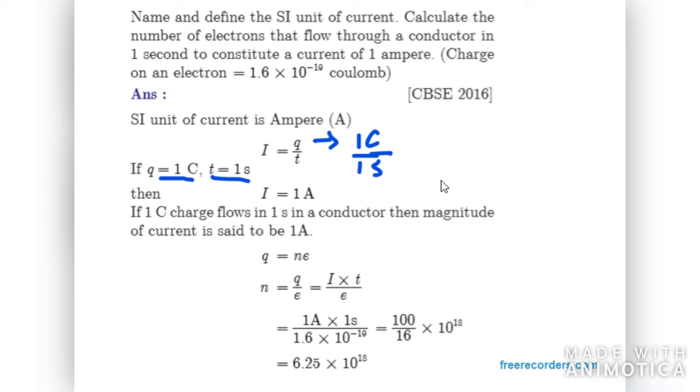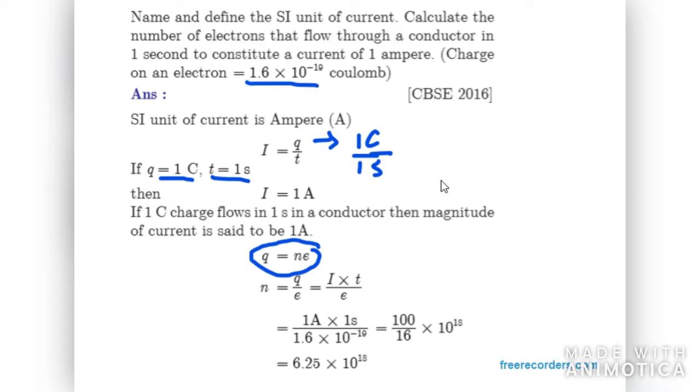Now we need to tell the second one, calculate the number of electrons that flow through a conductor in 1 second to constitute a current of 1 ampere. So we need to find the number of electrons. For finding number of electrons, you need to remember one formula, which is Q equals N e. Q represents charge here, N represents number of electrons present, e represents the charge of an electron, that is 1.6 into 10 raised to power minus 19 coulomb.